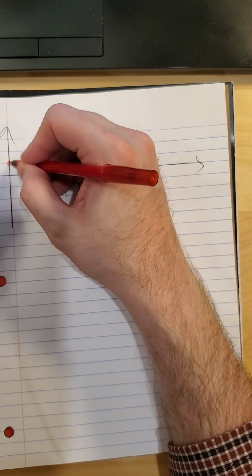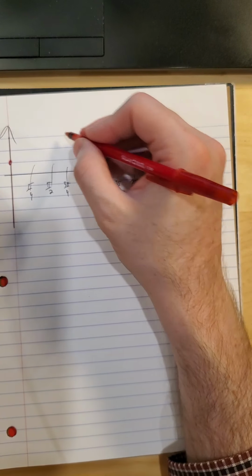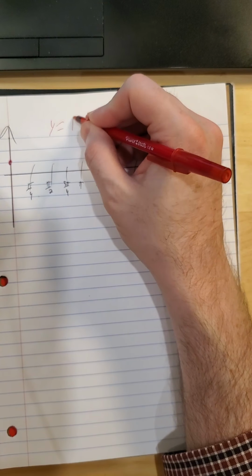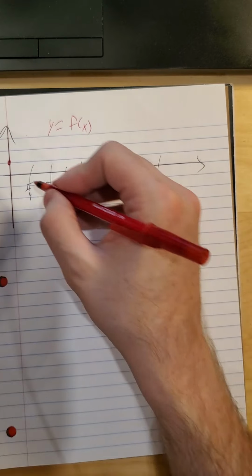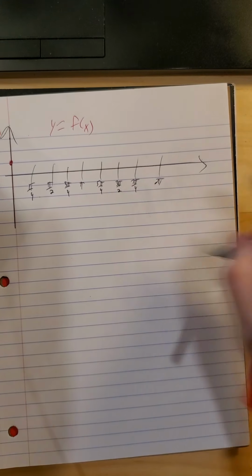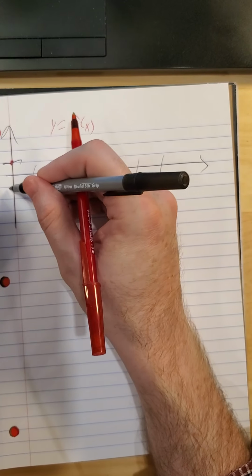All right, so again, I'm not going to tell you what the function is. We're just going to call this function y equals f of x. Vertical scale, each of these is just going to be worth a 1.